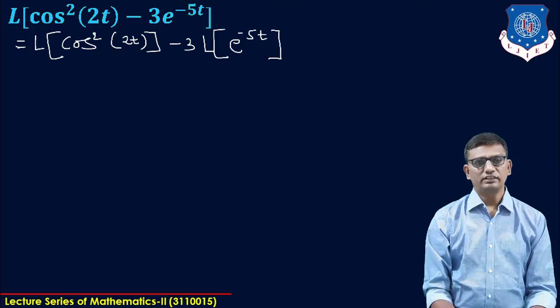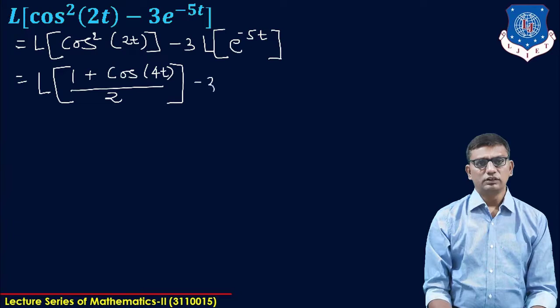Now we can't find the Laplace of cos square t directly, so we apply the formula of cos square t, and our trigonometric formula of cos square t is 1 plus cos 4t, which is double the 2t angle, upon 2.